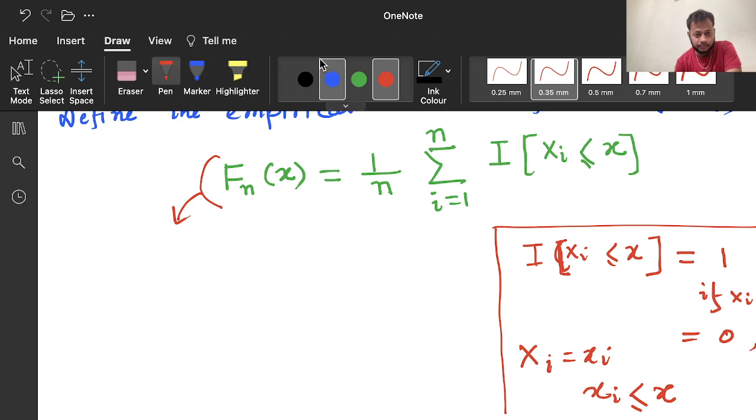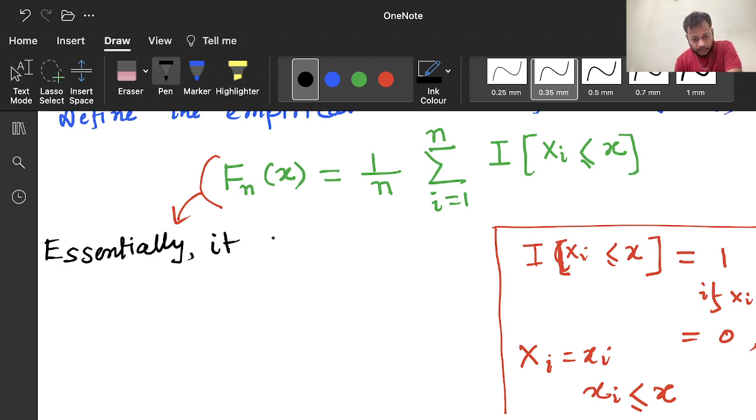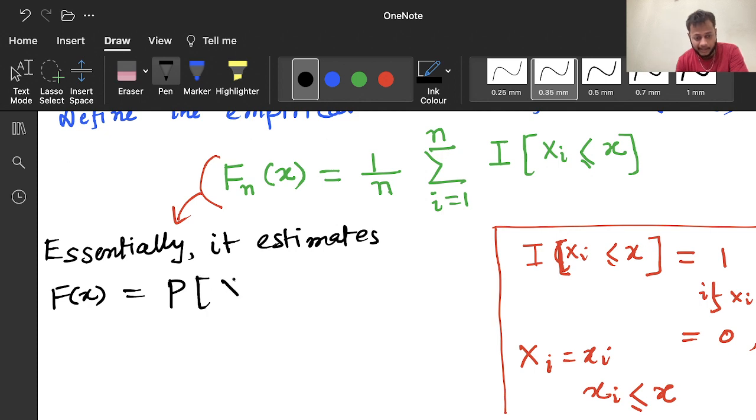Essentially it estimates F(x), the cumulative distribution function, that is the probability that X is less than or equal to small x, by the relative frequency.